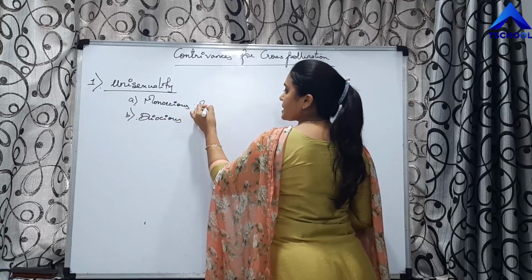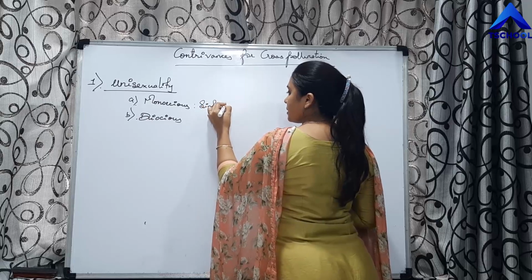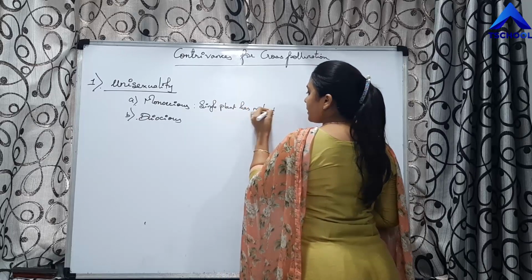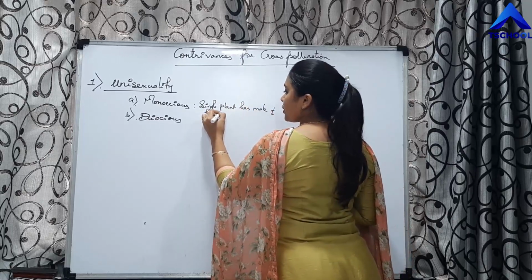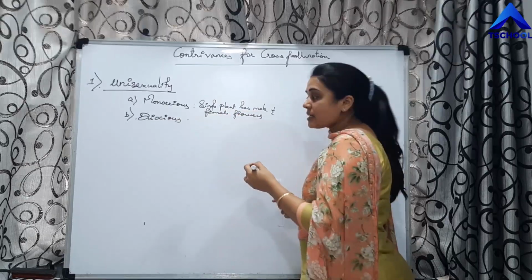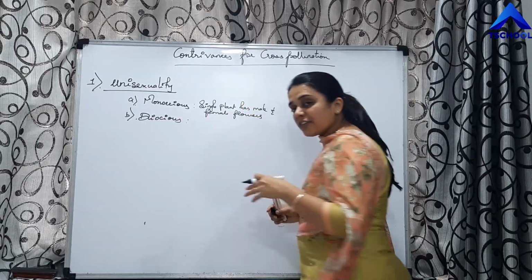Monoecious means a single plant has male and female flowers. Dioecious means that there are different plants only.